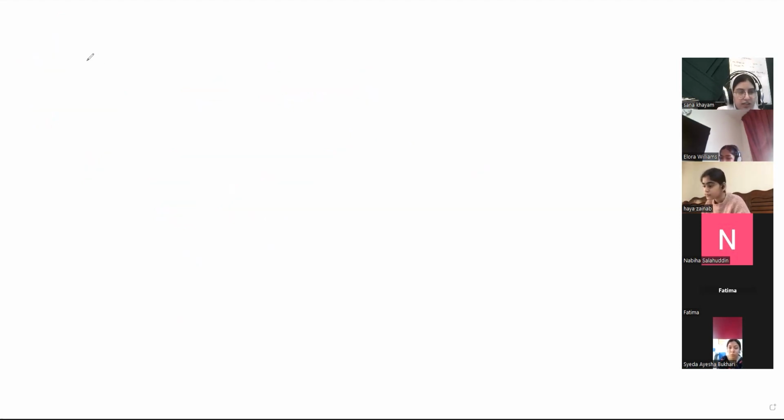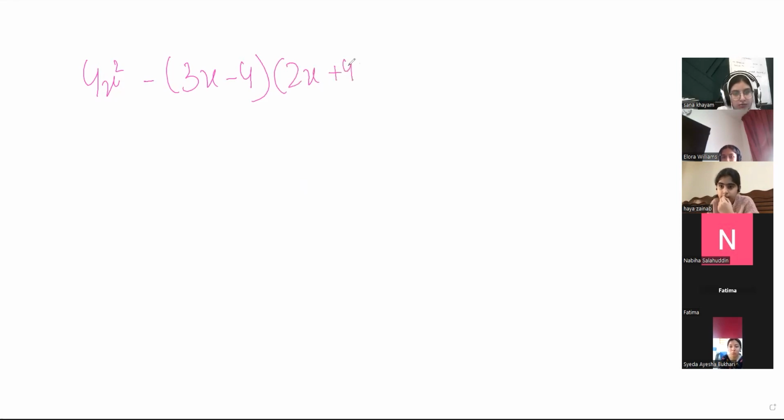The equation that we have is x square minus whole bracket this, minus 4, then again 2x plus 1, right? So 4x square as it is, minus will come over here, 3x is being multiplied by 2x plus 1, right? So this is the mistake that I made.